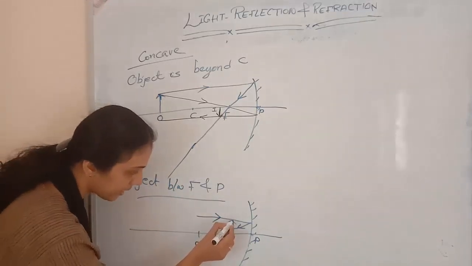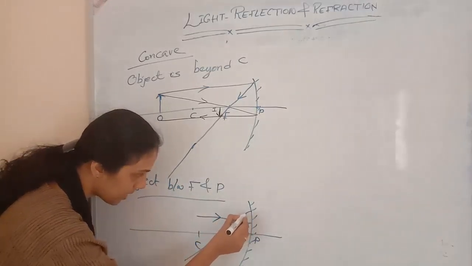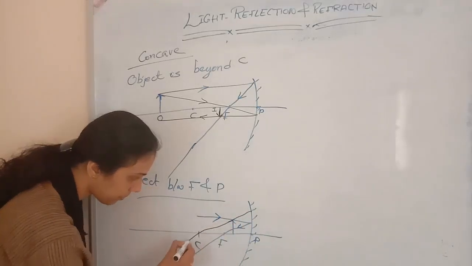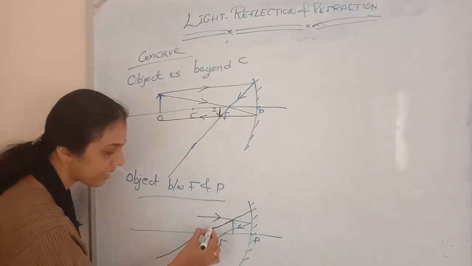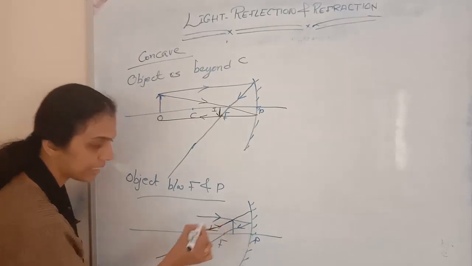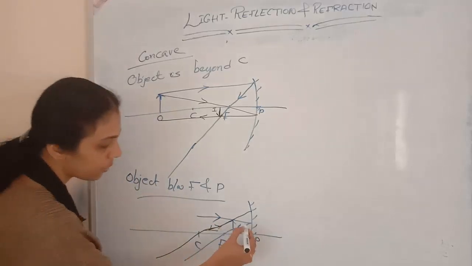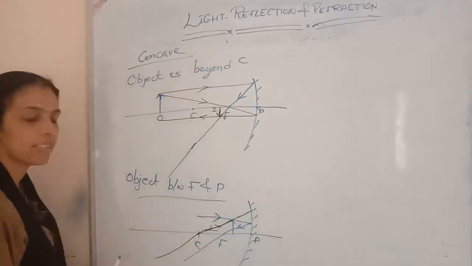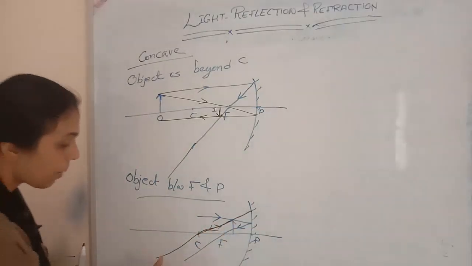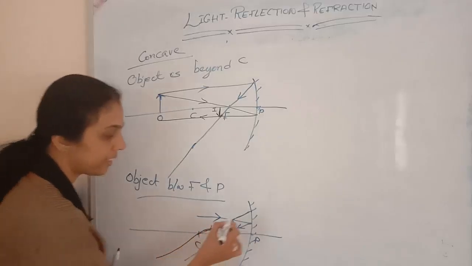So we should consider a ray which is touching the object. I am considering a ray which is passing through the center of curvature. If I consider a ray like this, it will be incident and retrace. Here I can see that these two rays are going like this. It's not meeting anywhere, but these two are non-parallel lines, right?